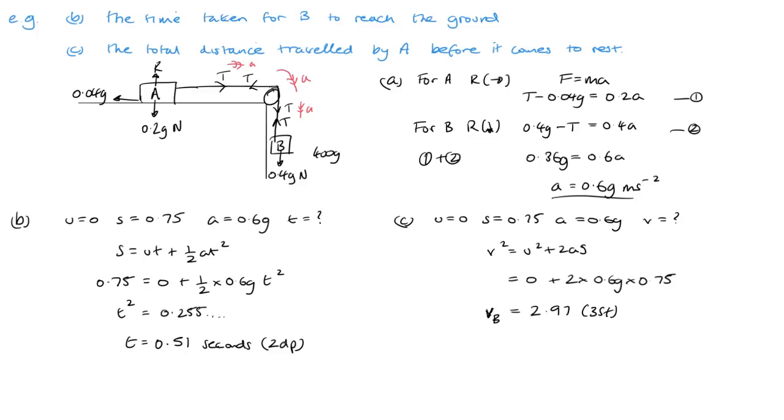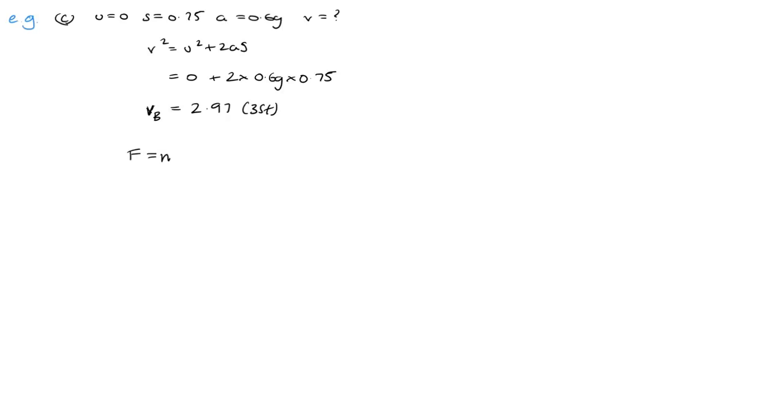So now v of B will be our u of A in our final calculation, but first we need to find out what a is going to be. If you imagine that F equals ma, there's no forward force, it's just this 0.04 g resistance force, and its mass is 0.2, and a we want to find. So a is minus 0.2 g.